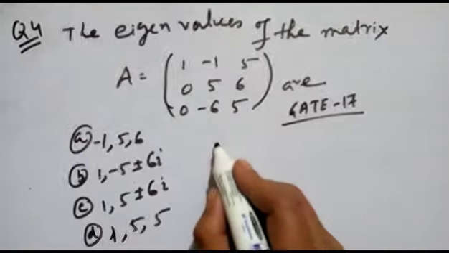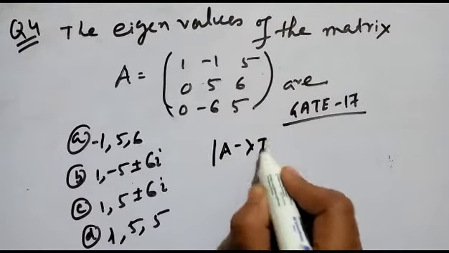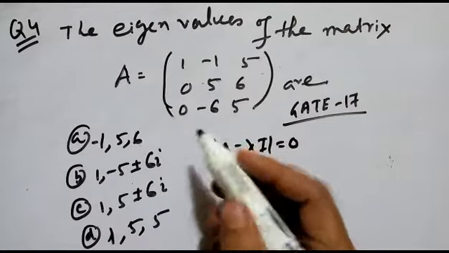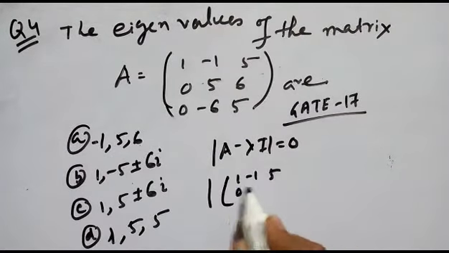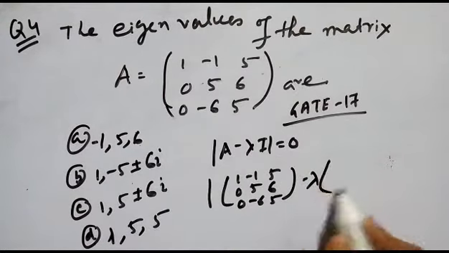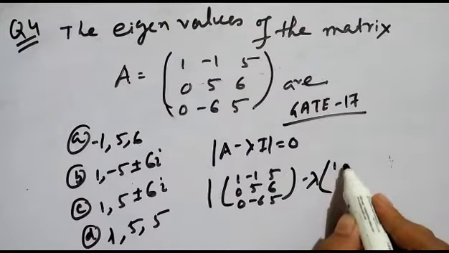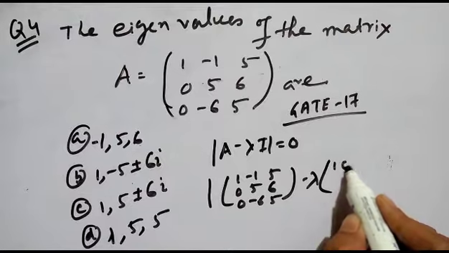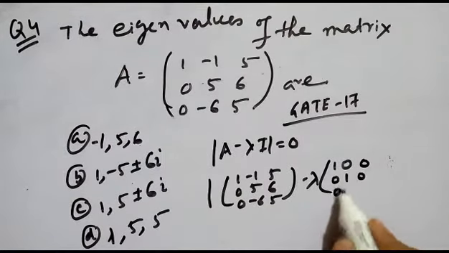If we find the eigenvalue by the characteristic root method, that means |A minus lambda I| equal to 0. After that we put the value of A, that means 1 minus 1 5, 0 5 6, 0 minus 6 5, and lambda means lambda, and I means identity matrix. This matrix is a 3 cross 3 order matrix, so the identity matrix is also 3 cross 3 order, that means 1 0 0, 0 1 0, 0 0 1.